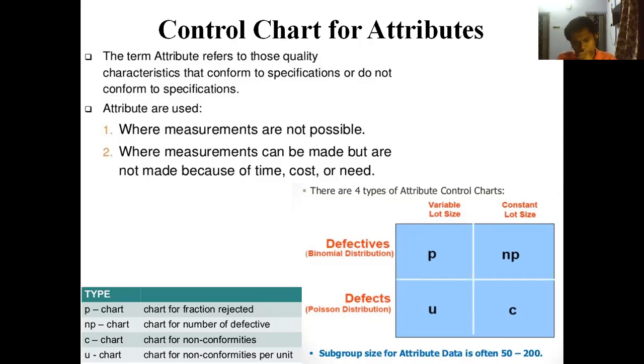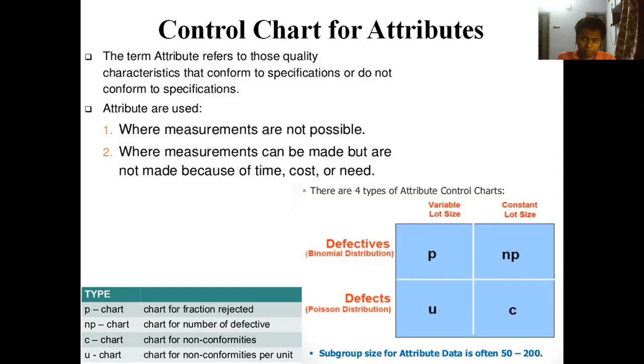it may so happen that we can use control charts for variables, but those are actually not used, for economic reasons and to save time. In practice, there are different quality characteristics for a particular product.